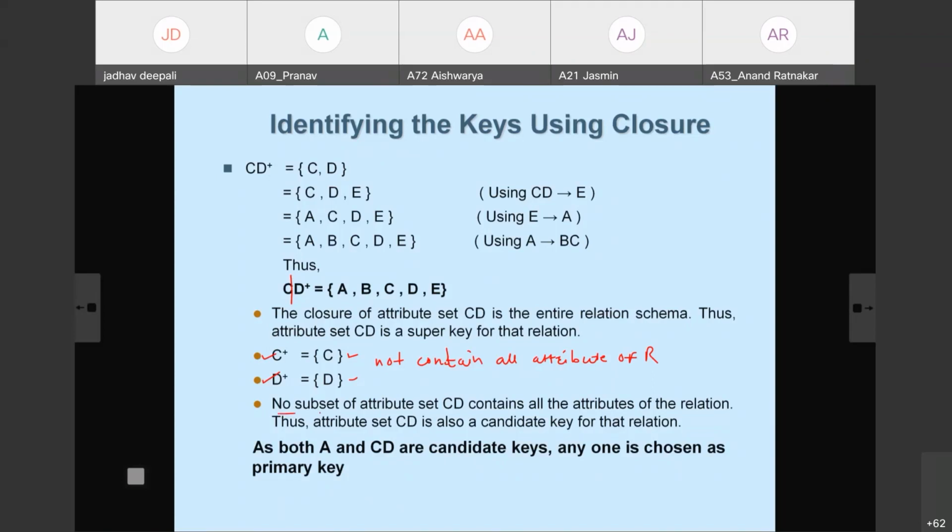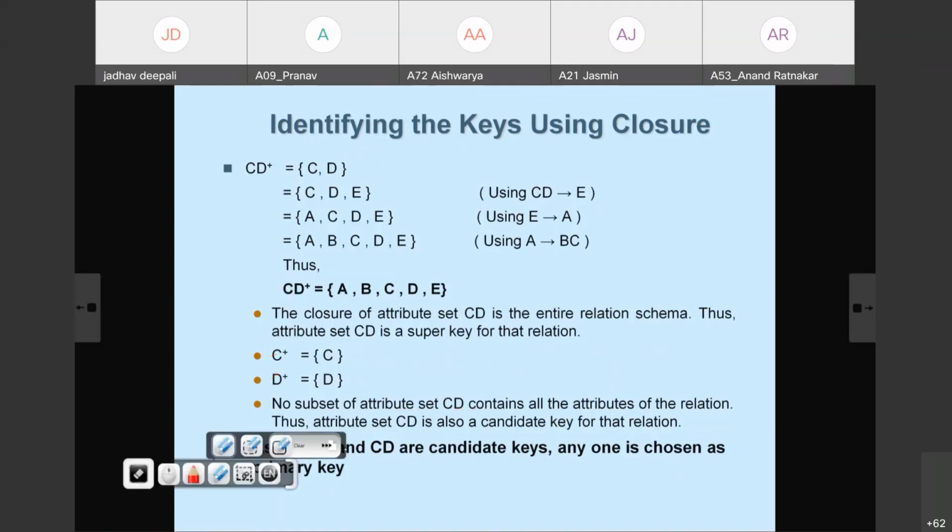No subset of the attribute set CD contains all the attributes of the relation. Means there are two candidate keys in this relation, A and CD. Any one, according to the database designer, we can choose as the primary key.